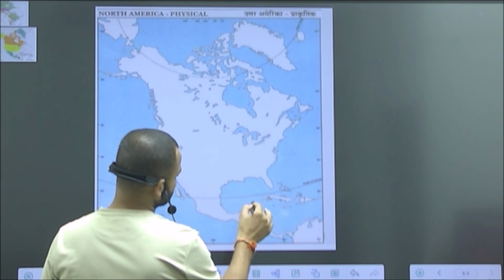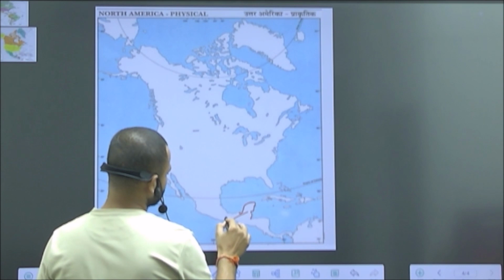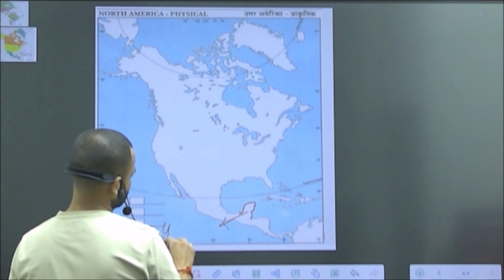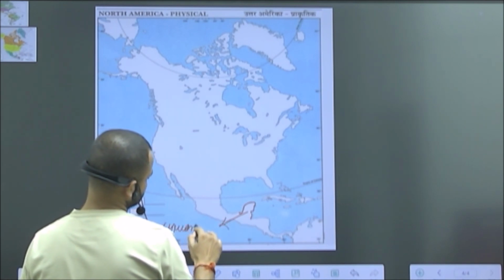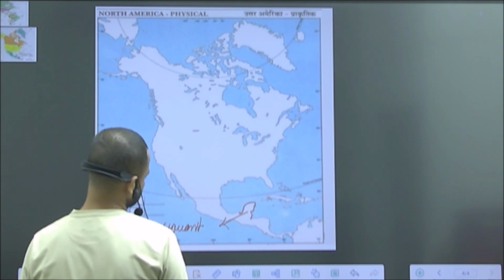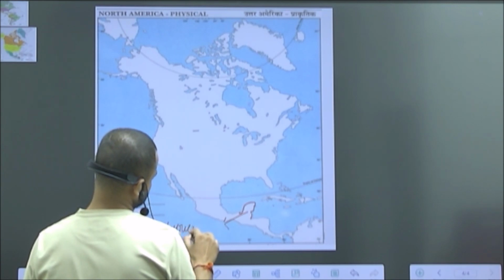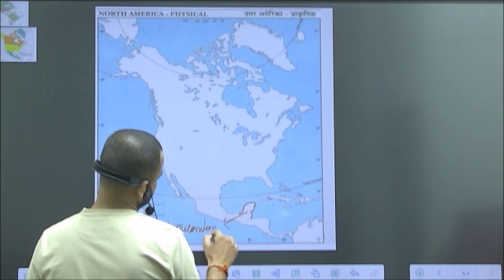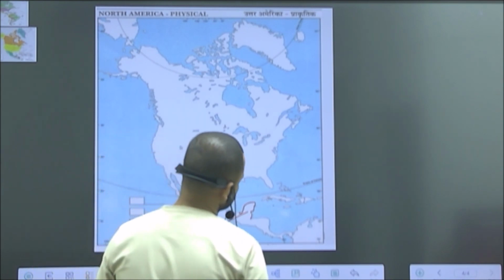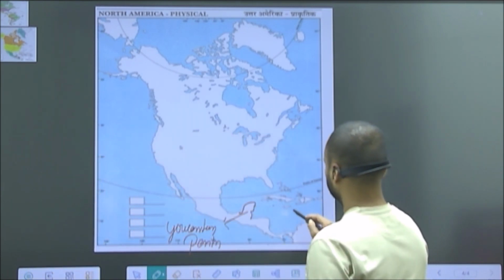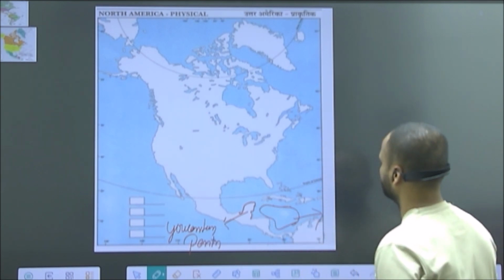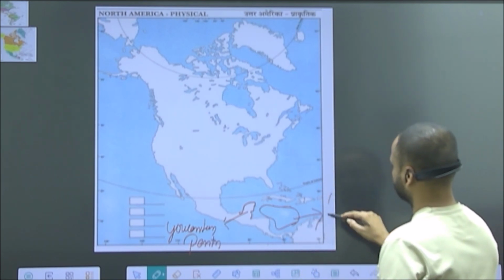This peninsula is known as Yucatan Peninsula. This water surface is called Caribbean Sea.